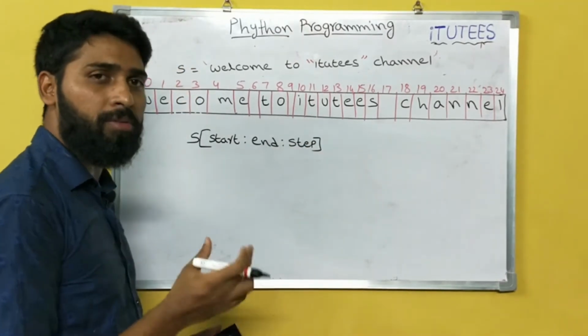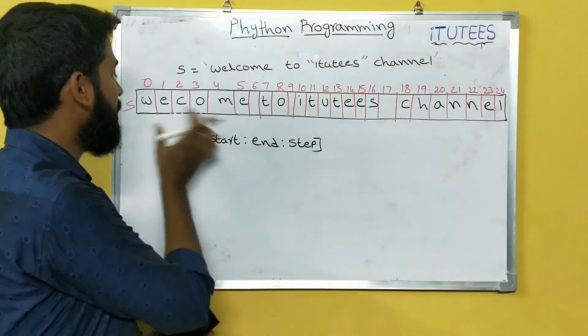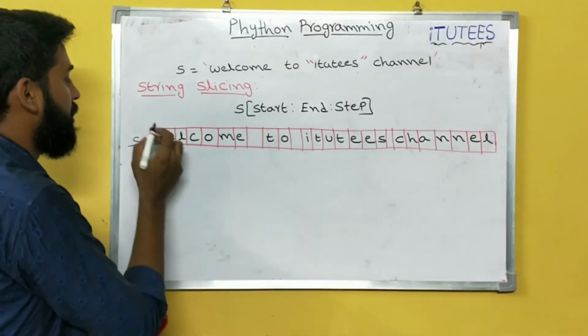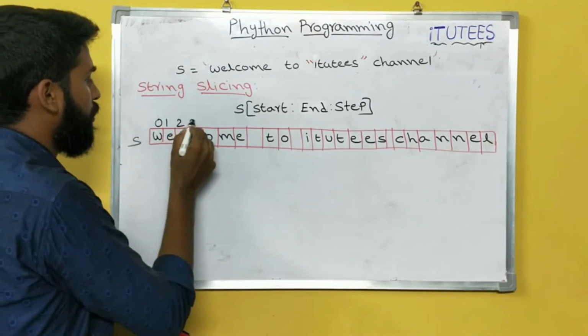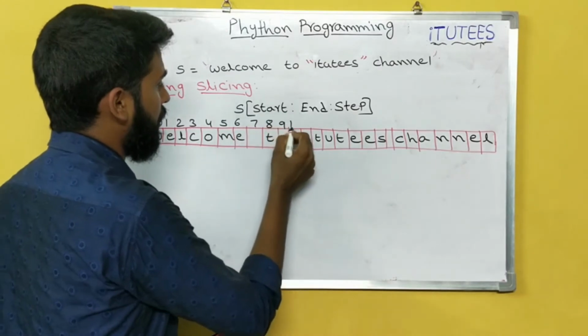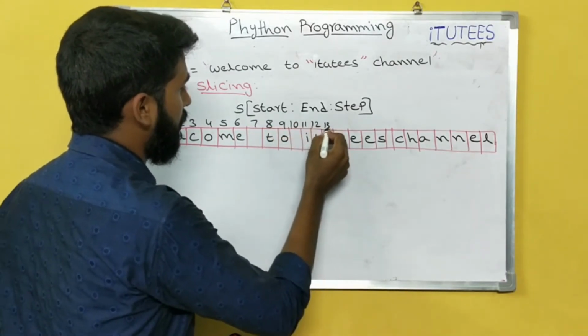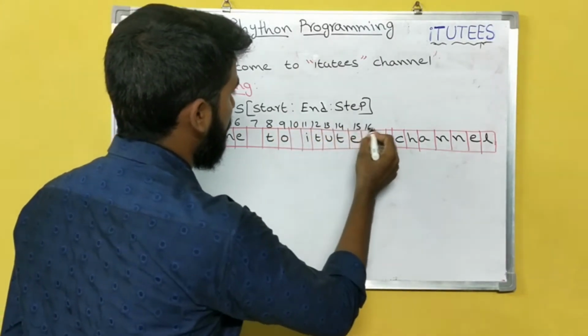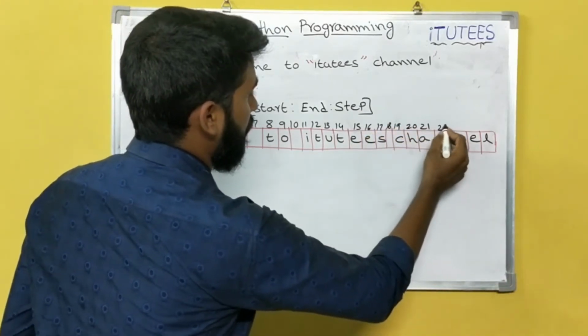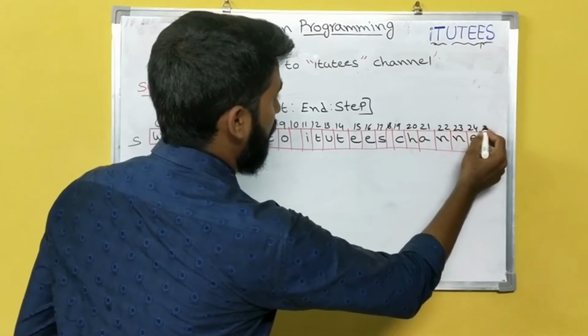Now we are going to perform some slicing operations on this string S. So this is the string S and the indexes are 0, 1, 2, 3, up to 24.